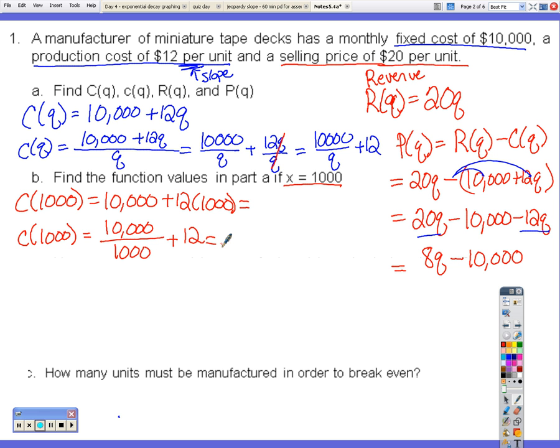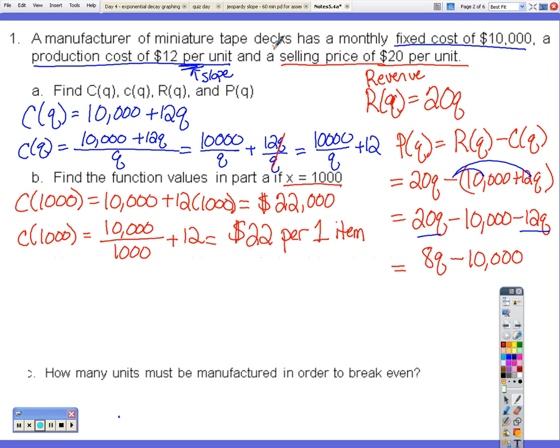Now with your calculator, we're going to pause the video so you can actually calculate those two numbers. Okay, so for the cost, you should have gotten $22,000 for the 1,000 items. And for the average cost, you should get $22 per one item. In this case, the item is a mini tape deck.